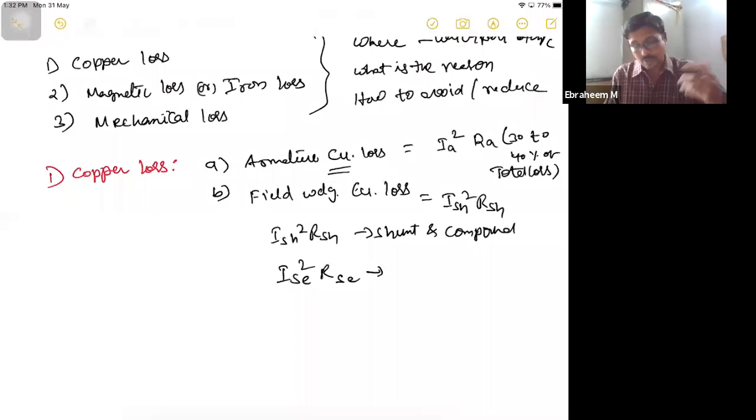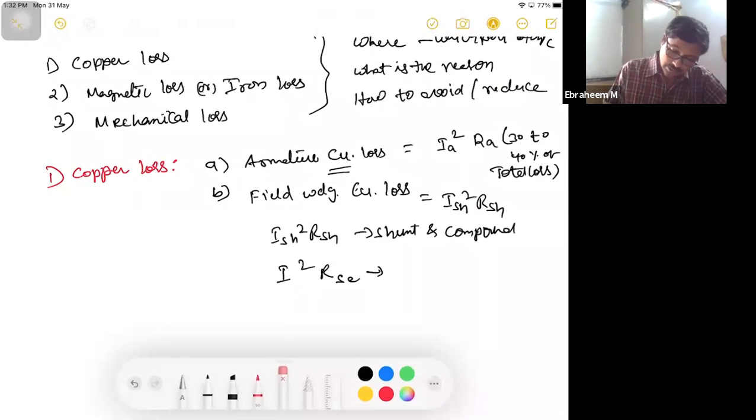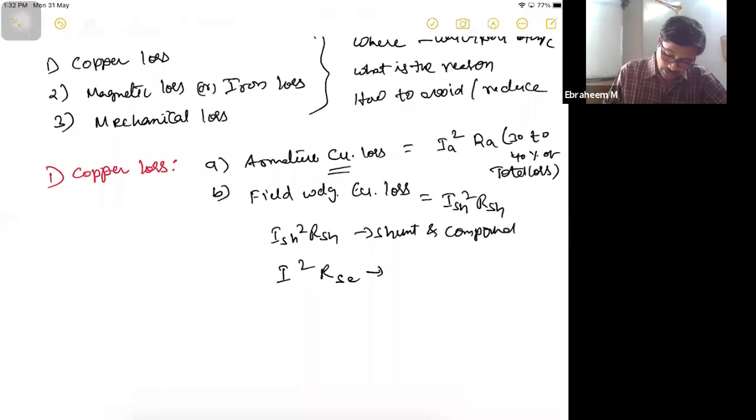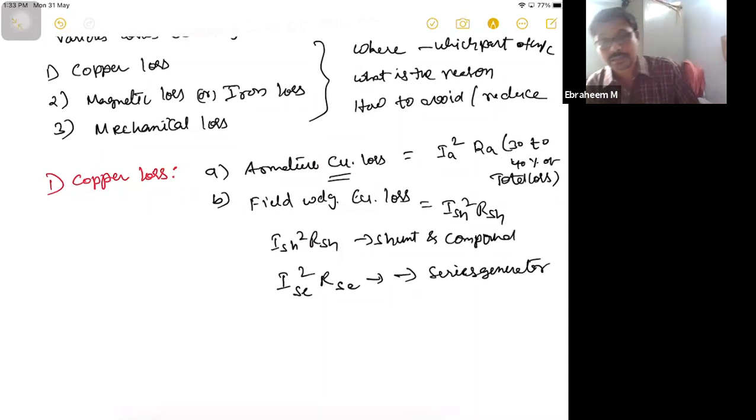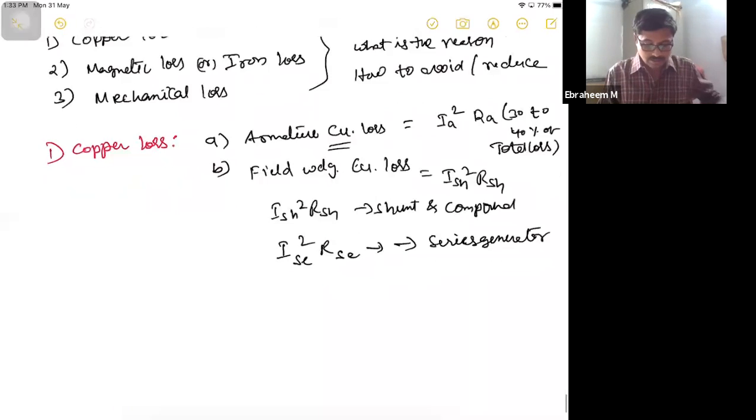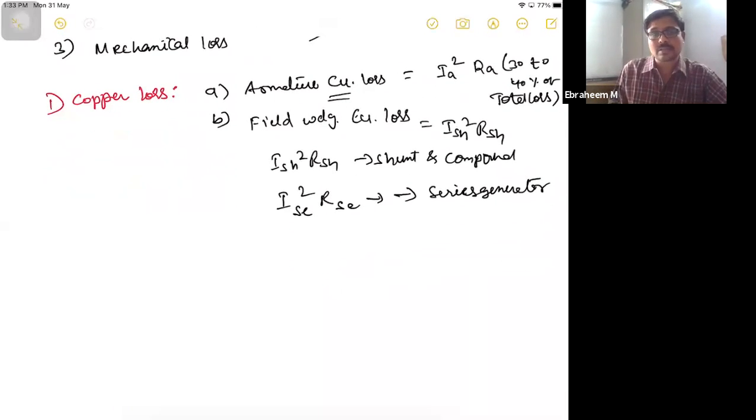The current that flows through this machine is Ise square Rse, or Ia square Rse, because both are the same in a series generator, that is armature current and field current. Okay, is it clear? So these are the different parts in which the loss of the machine will occur.